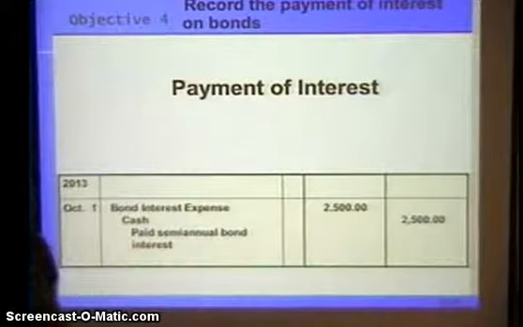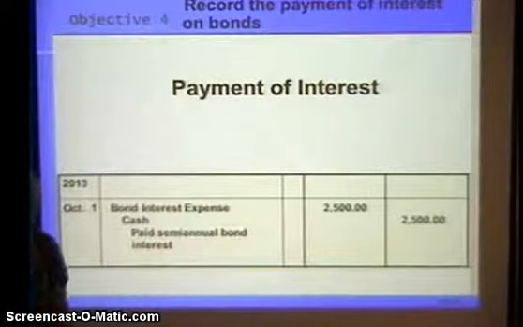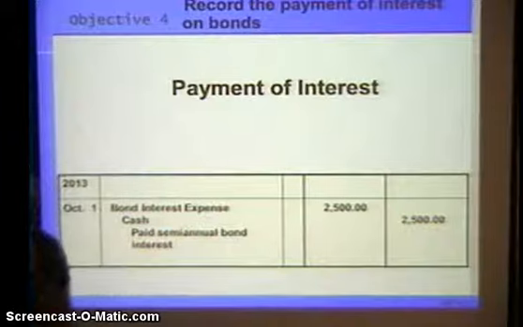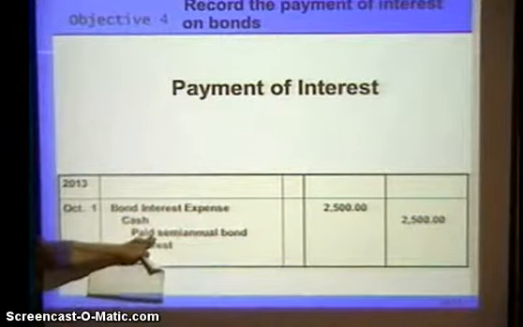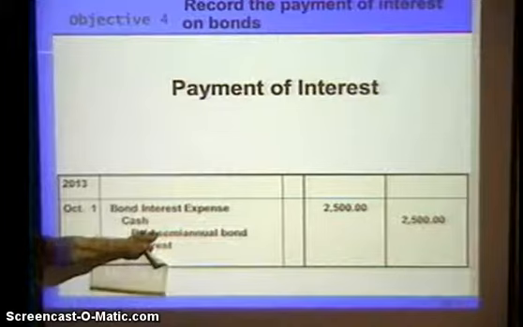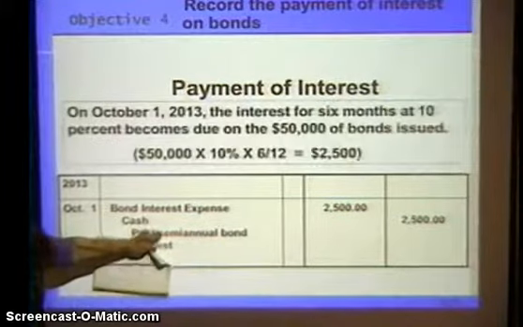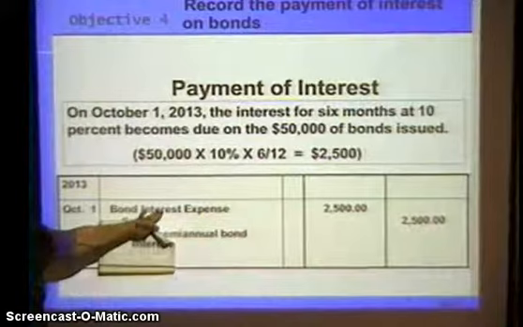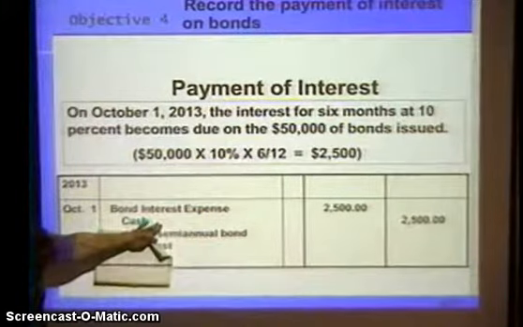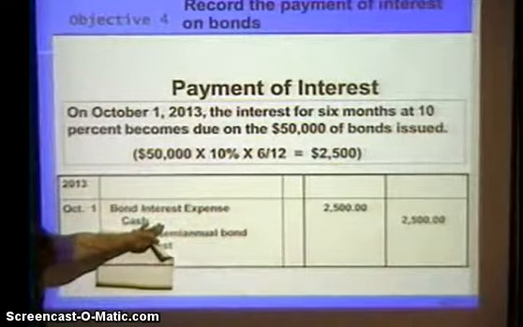So they require interest on bonds, just like the bank requires. Anybody ever had a long-term balloon note where you had to pay interest in between? Okay, same thing. We have to figure it, in this case, semi-annually, right? We're going to declare our bond interest expense, and pay out the interest to the people that are holding the bond.